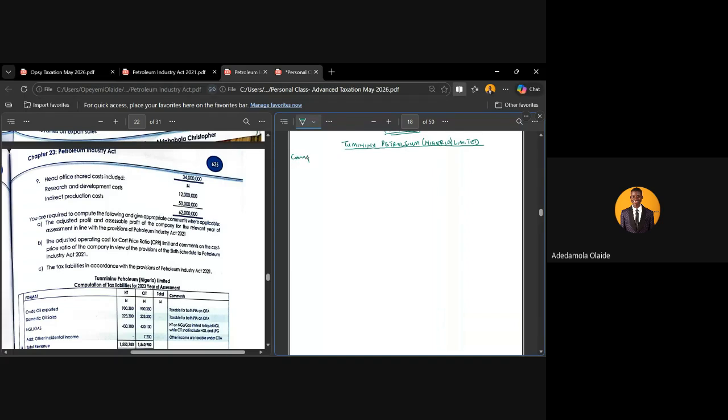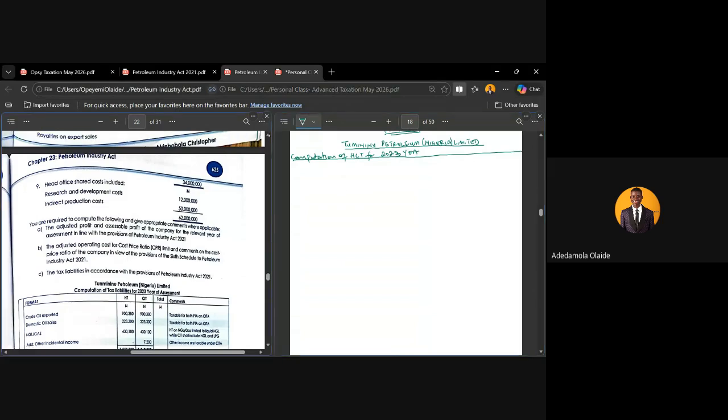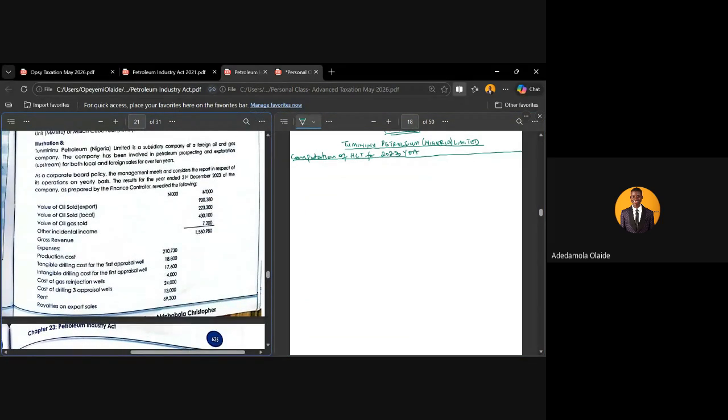Computation of hydrocarbon tax for what year of assessment? 2023 year of assessment. So we have figures in naira quoted in thousands.